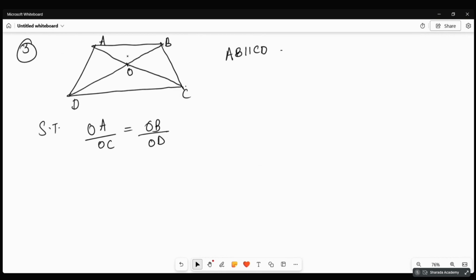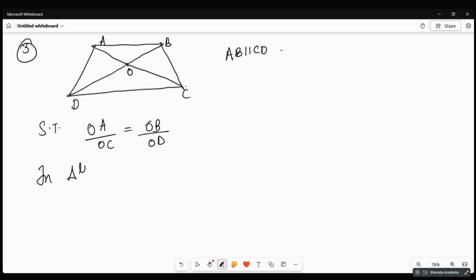Lakshit, which two triangles can I take to prove they are similar? OCD. Correct. Now, listen.